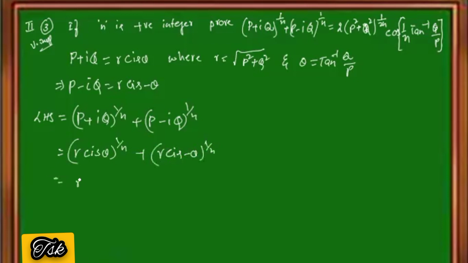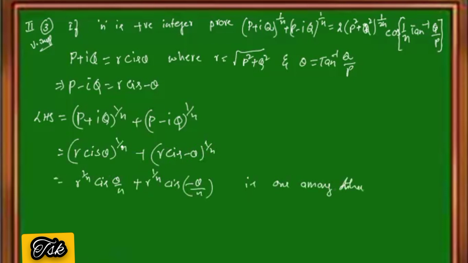This can be written as r to the power of 1 by n cis theta by n plus r to the power of 1 by n cis minus theta by n. Okay, this is one among the roots.